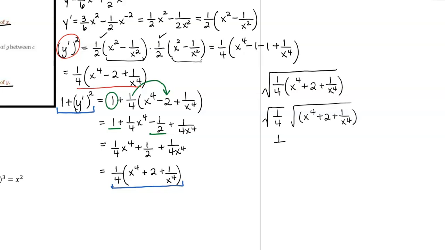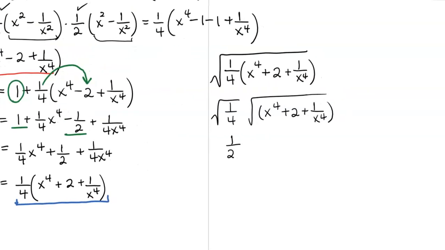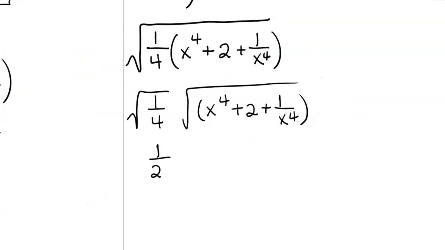Square root of 1/4 is 1/2. And this is the part where it gets a little tricky algebra-wise. Taking the square root of these 3 things being added together.